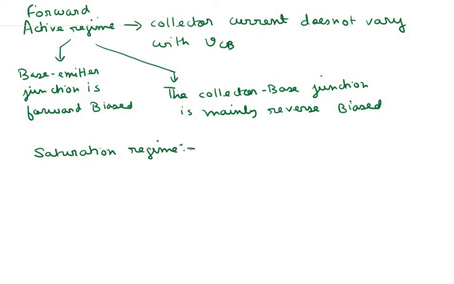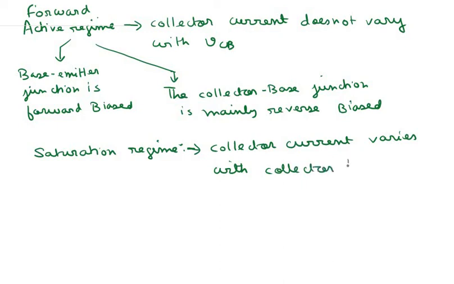Here the collector current varies with the collector to base voltage, and in this case the base emitter junction is forward biased.